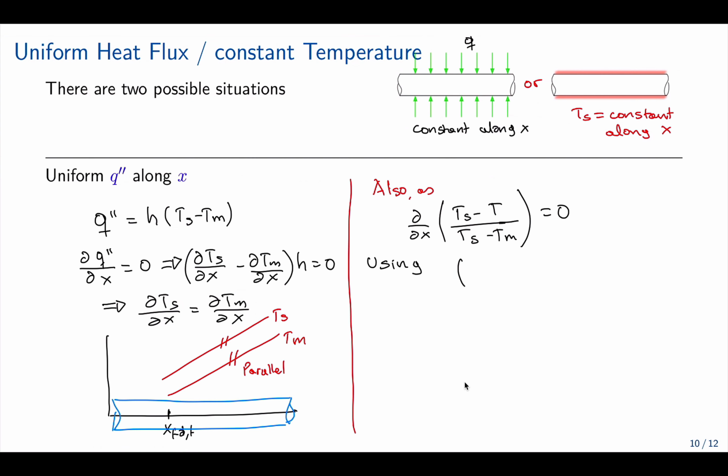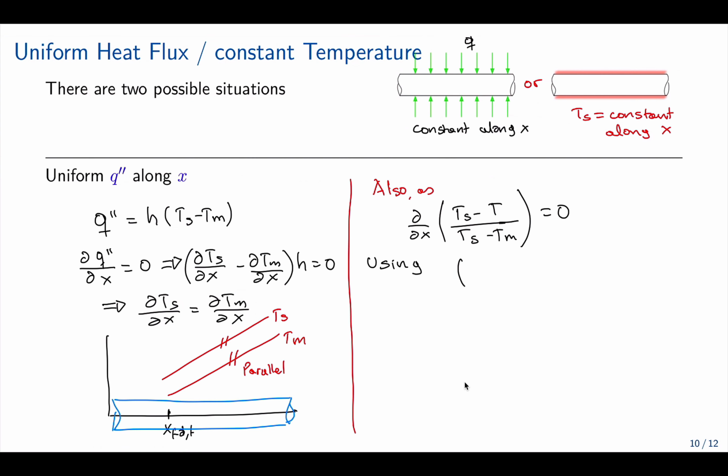Now, what happens when we have constant temperature on the pipe? Constant temperature means that dTs/dx is equal to 0, right? So it's not changing. So this is Ts equal to a constant. And the rate equation, we have Q double prime equal to H multiplied by Ts minus Tm.